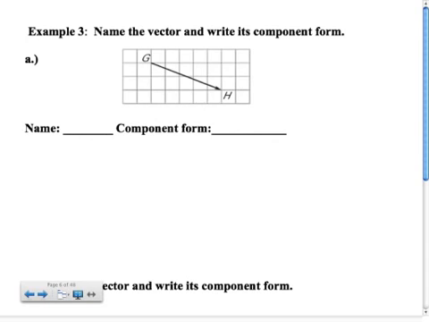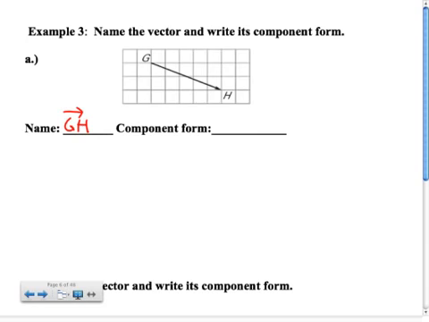So first, name the vector. Start with your initial point, G, your terminal point's H, and you just put the little arrow over it. Okay? That indicates it's a vector. As a matter of fact, I believe the book just has an arrow on top, because otherwise this would be a ray.